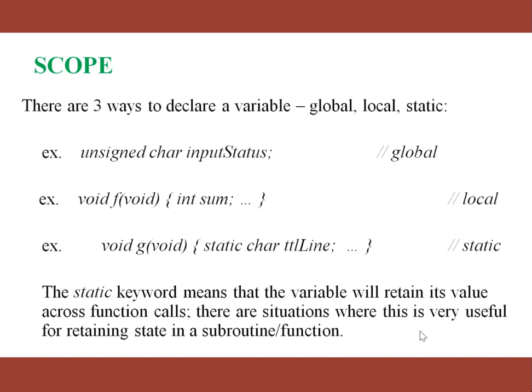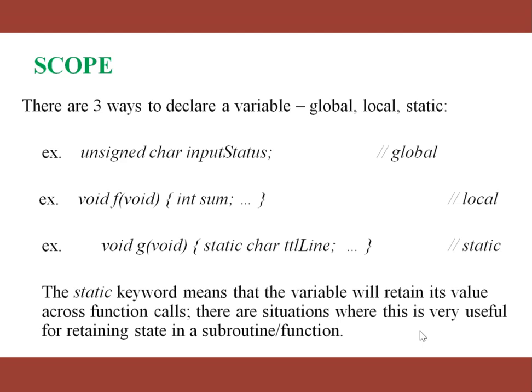Then we will talk about scope. How do we generally declare a variable? Globally, locally or static. If the variable is defined or declared globally, it can be called by any function anytime. If it is defined locally, it can be called only by a particular function in the particular execution block or set of instructions.